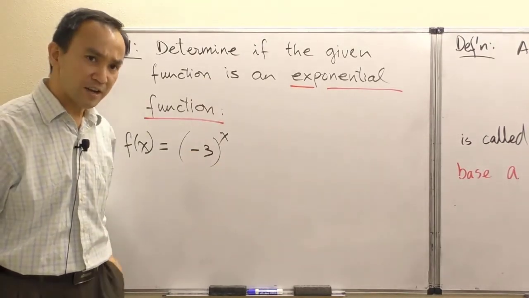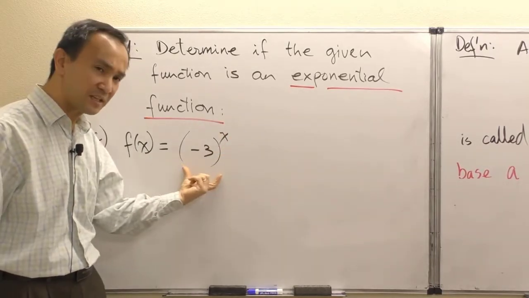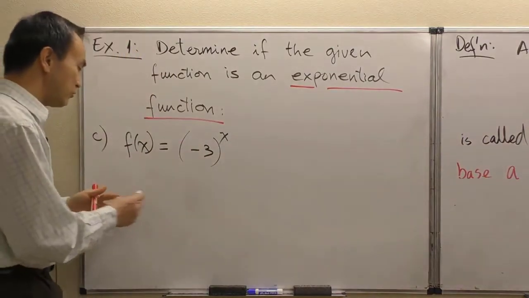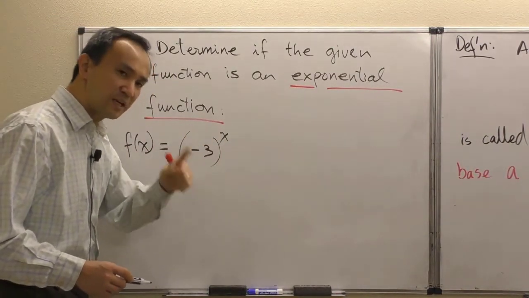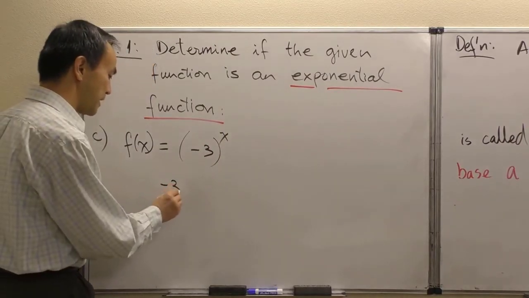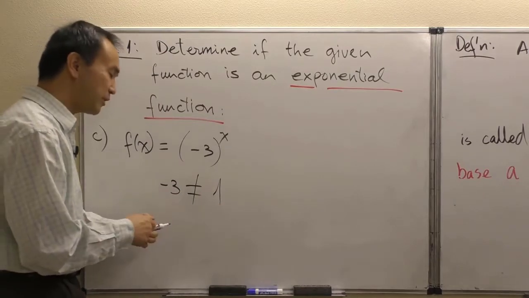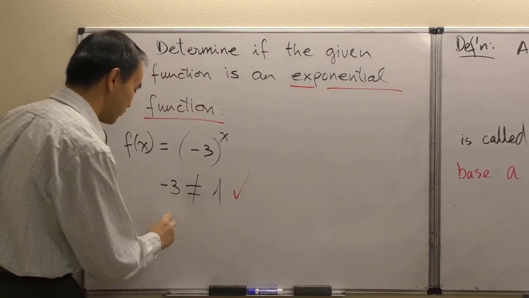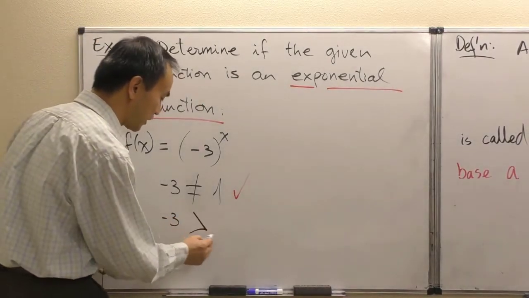So it looks like we're over 50% firm that this function is an exponential function. However, we have to be cautious to make sure the base meets the two requirements: the base has to be positive and the base has to be other than 1. Our base is other than 1, so that meets the requirement. However, the base -3 fails big time the other requirement.